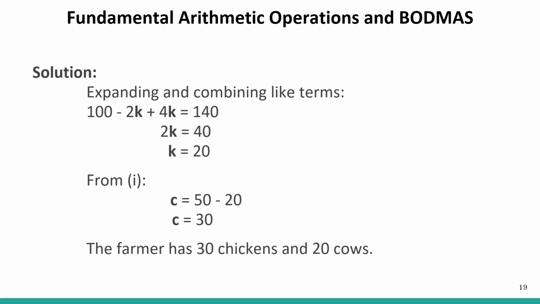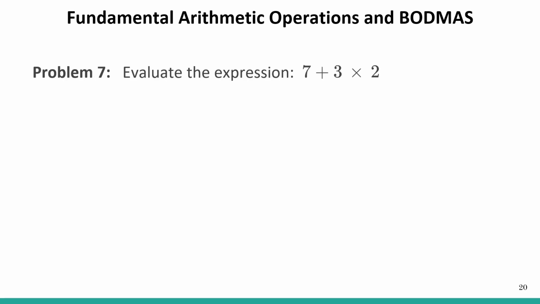Okay, so problem number 7 asks us: what is 7 plus 3 into 2? We'll use the BODMAS rule. The BODMAS rule asks us to search for brackets first. There are none. So we go down to O, that is, we search for powers or exponents. Are there any? No. So let's go down to division. Are there any?